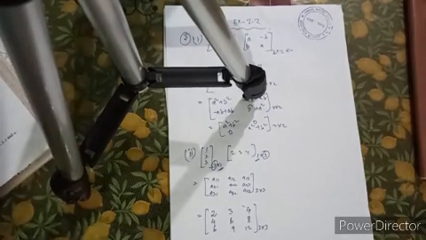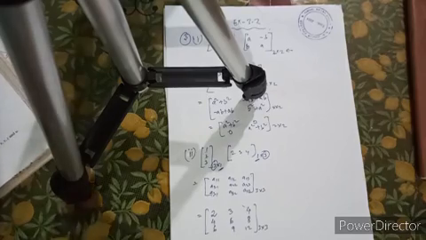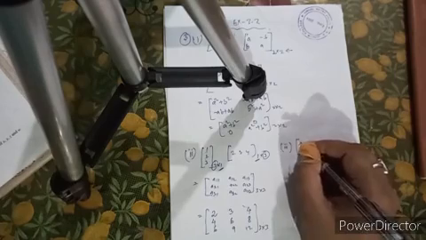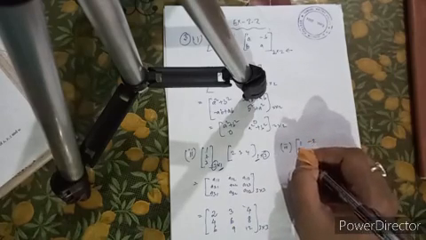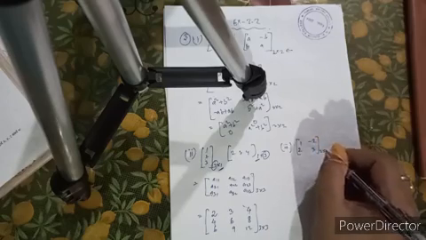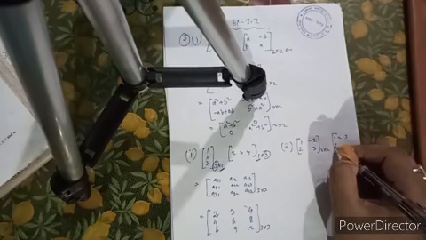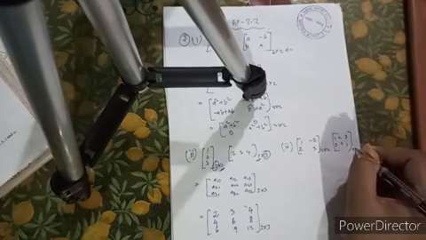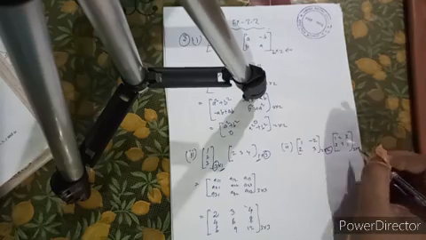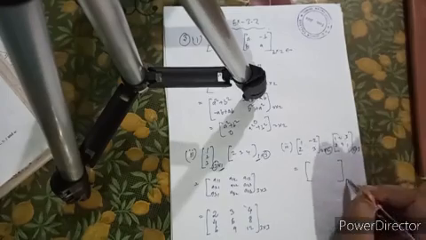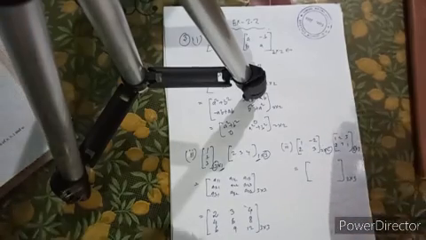Okay. So let me take question number 3. 1 minus 2, 2, 3. All of you should always write the order, then there will be no mistake. So it is 2 by 3. If you see, the 2 and 2 values are matching, and what is the output to come? 2 into 3 means 2 rows and 3 columns.